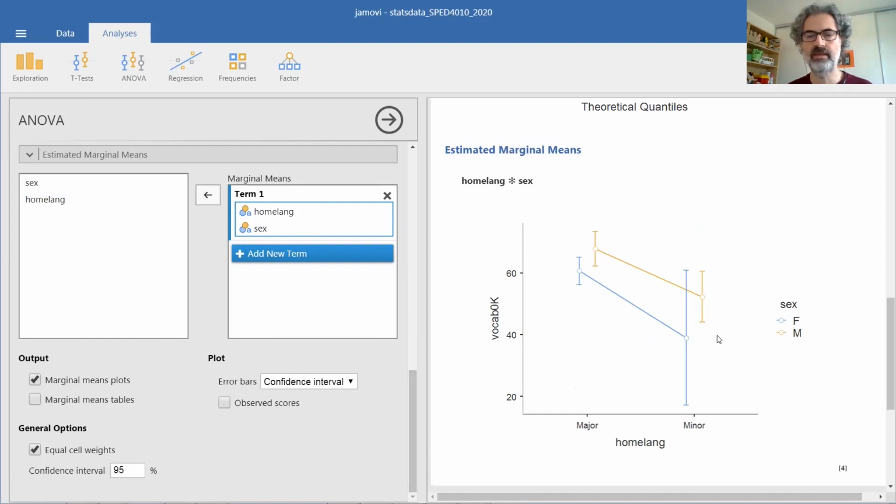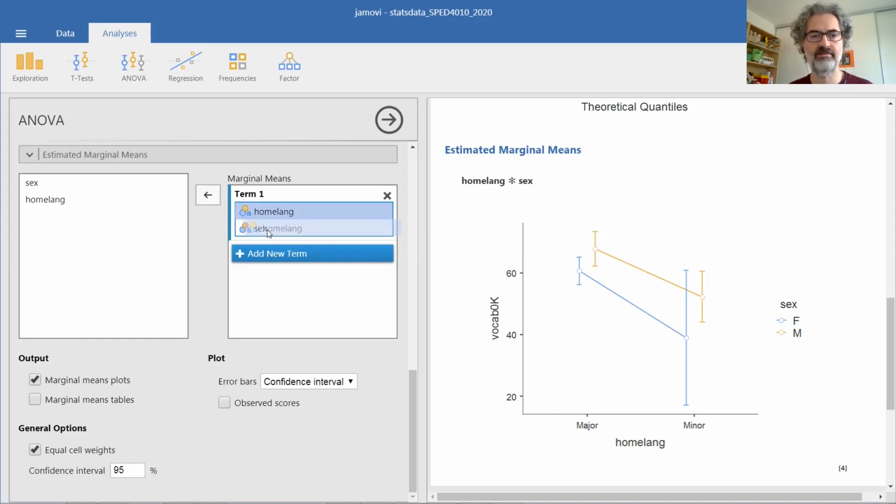In whatever way this is presented, you see that the two lines are approximately parallel. This is consistent with the fact that there is no statistically significant interaction. We also see that the majority language is higher than the minority home language.